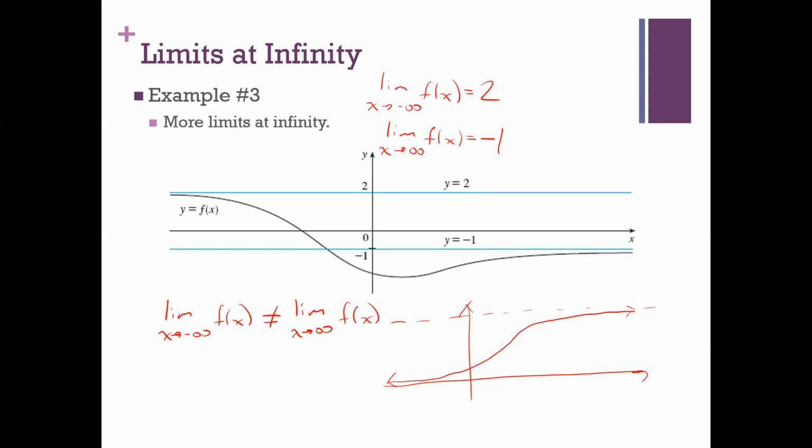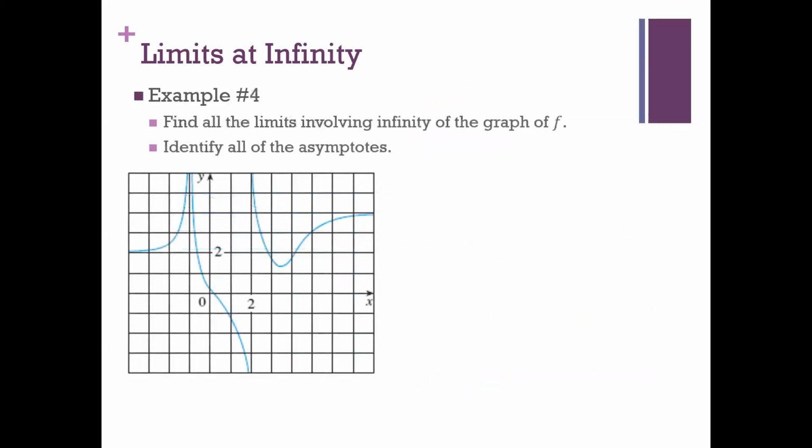Any more questions on that one? All right. So let's find all the limits involving infinity on this graph of this strange looking function. When you've got one, just go ahead and blurt it out. Let's do limits first before we handle the asymptotes.